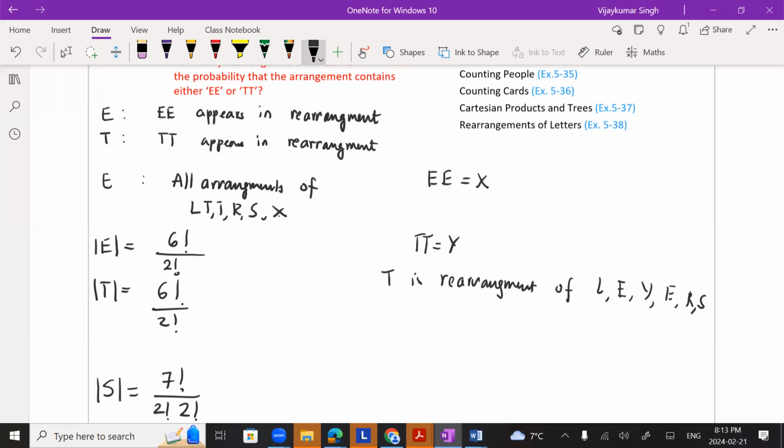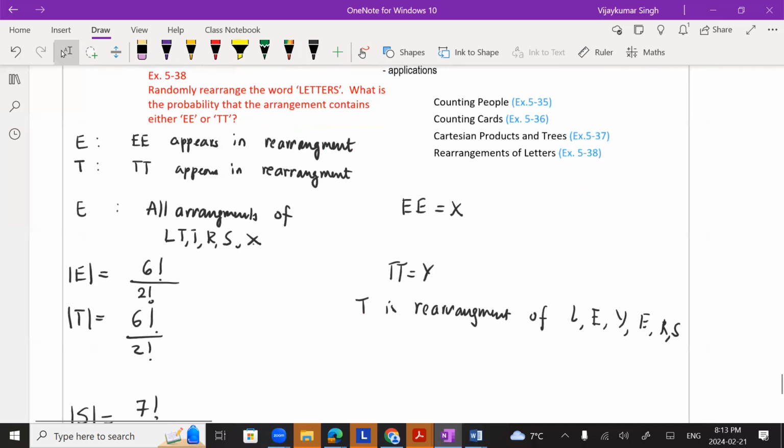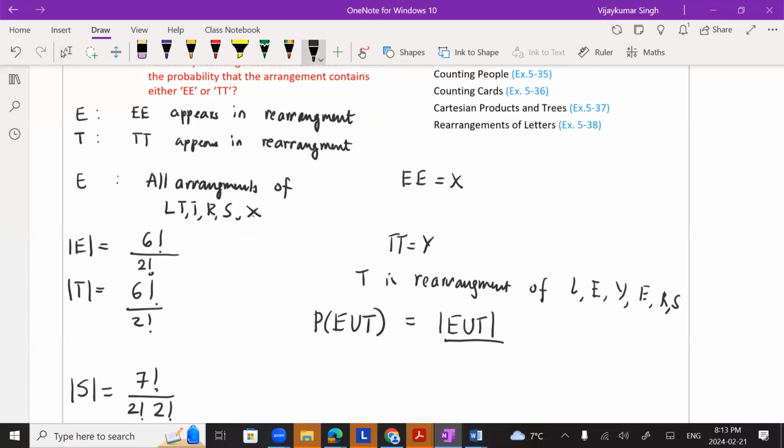All right, now let's go back to the question. The question is asking, what is the probability of an arrangement containing EE or TT? Or is always union, right? Make sense? So we are looking for the probability of E union T, which is the size of E union T divided by the size of the sample space.